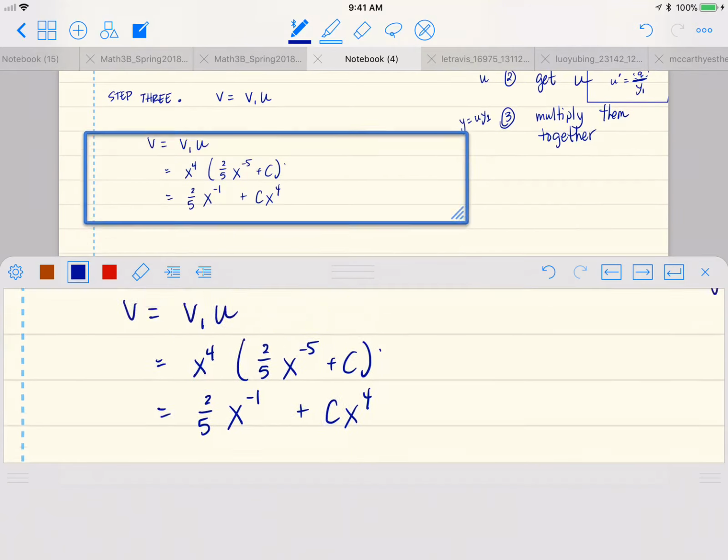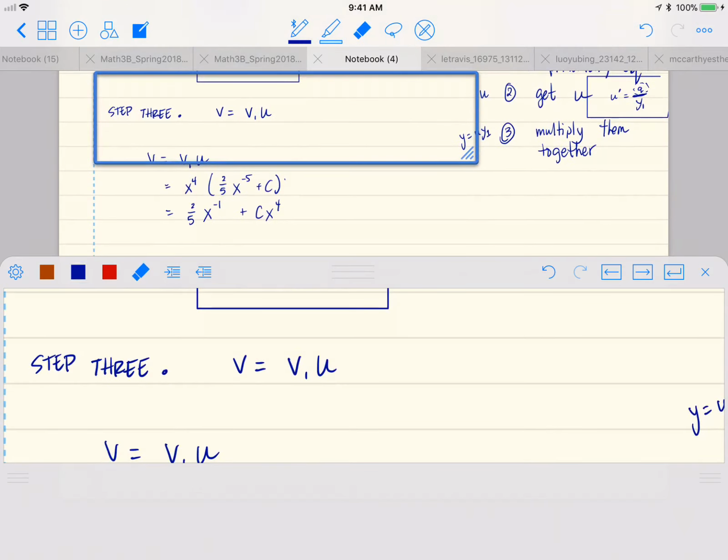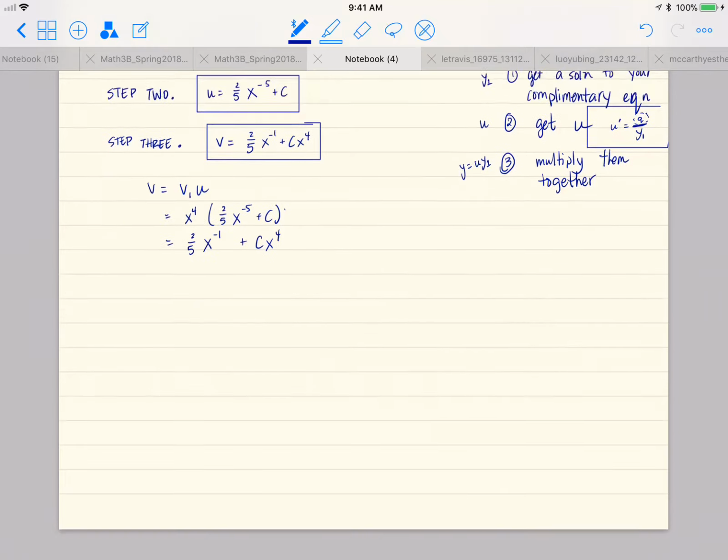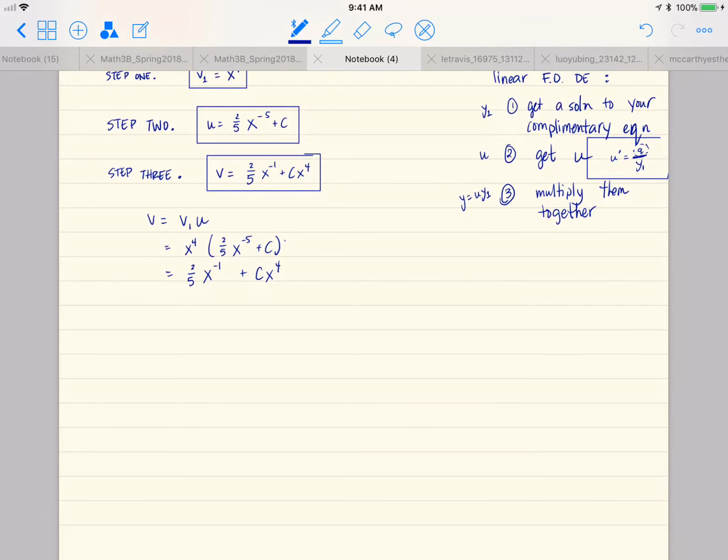Okie dokie. So for step 3, v equals 2/5 x to the negative 1 plus c x to the 4th power. And this is the solution for our differential equation.